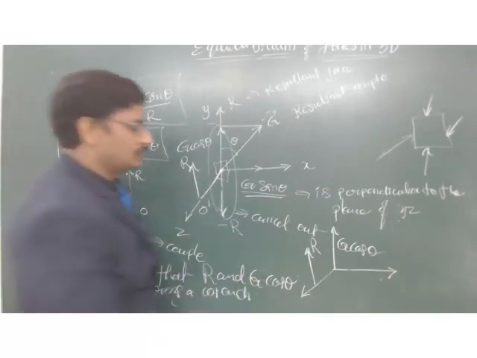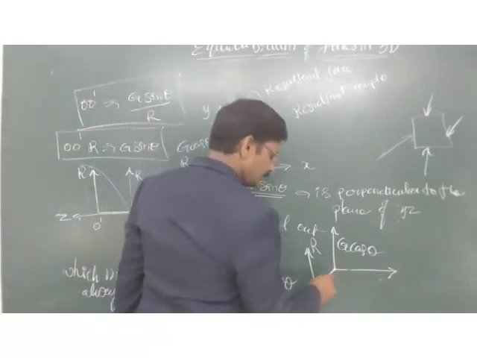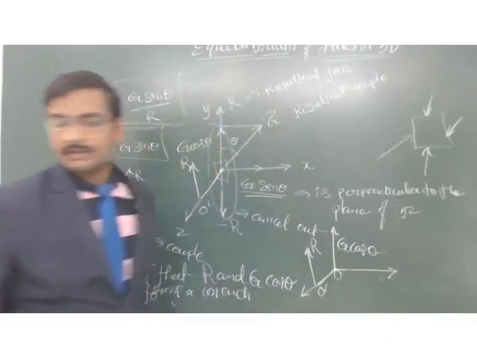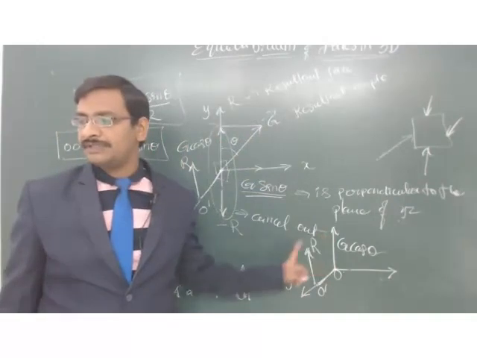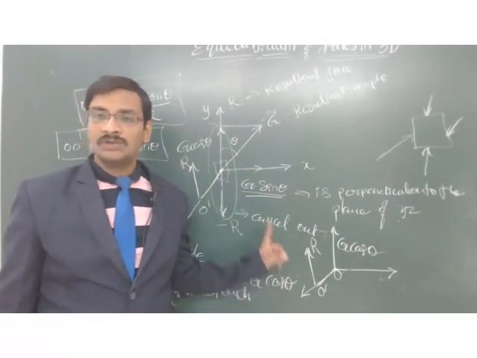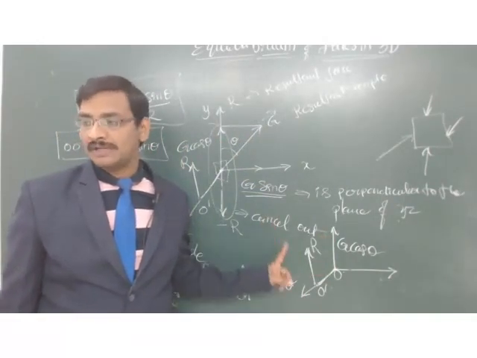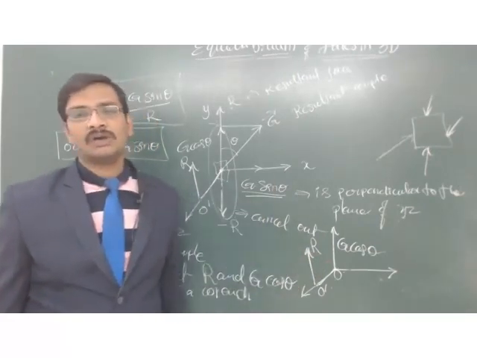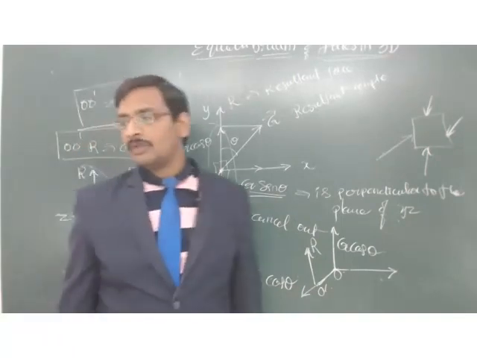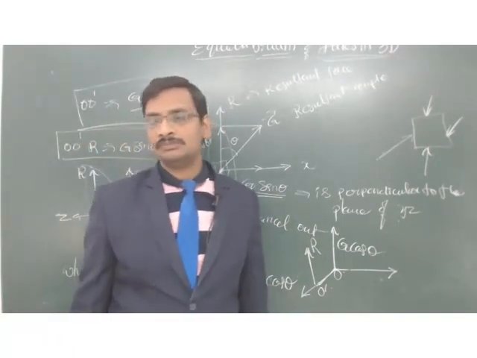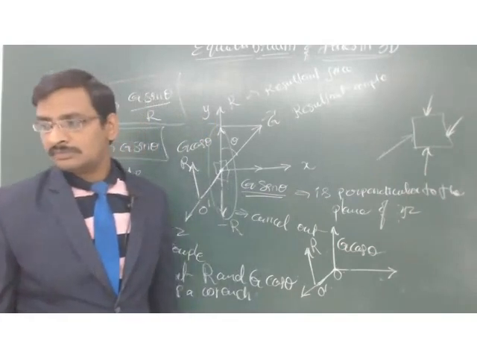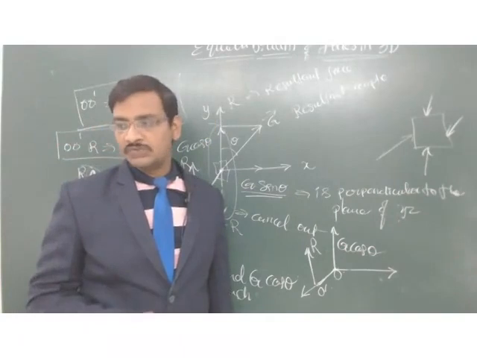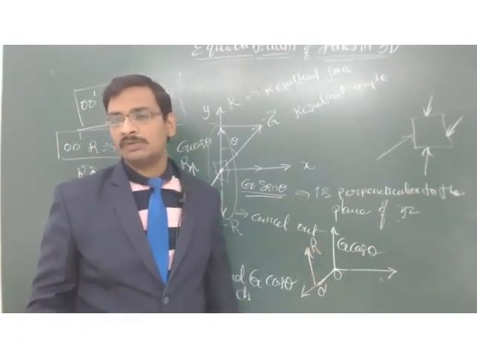Because these two are parallel to each other, and the distance in between these two is, this is O and this is O dash. Got it? So this is the axis of rotation. This is the axis of the resultant force. Now the axis of the rotation and the axis of the resultant force, if both are parallel to each other, then that scenario we are calling the wrench. Why? Why do we have to call that a wrench? Any correlation between a normal mechanical wrench versus this particular scenario?